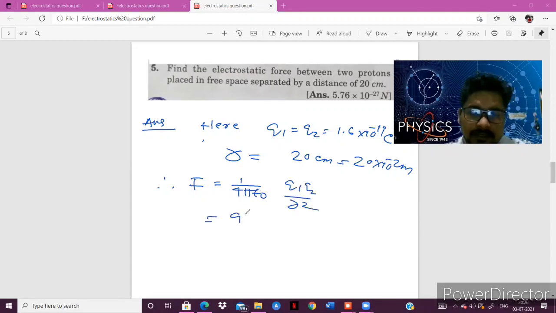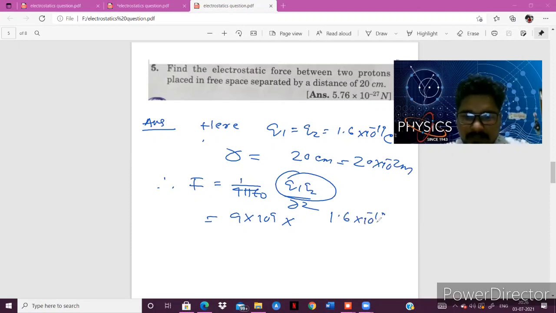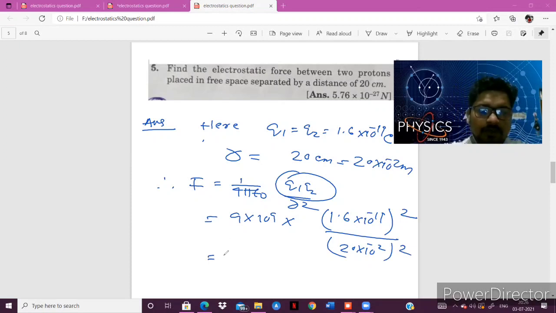So 1 by 4 pi epsilon 0 value is 9 into 10 to the power 9, into the charge of the protons 1.6 into 10 to the power minus 19 square, divided by 20 into 10 to the power minus 2 whole square.